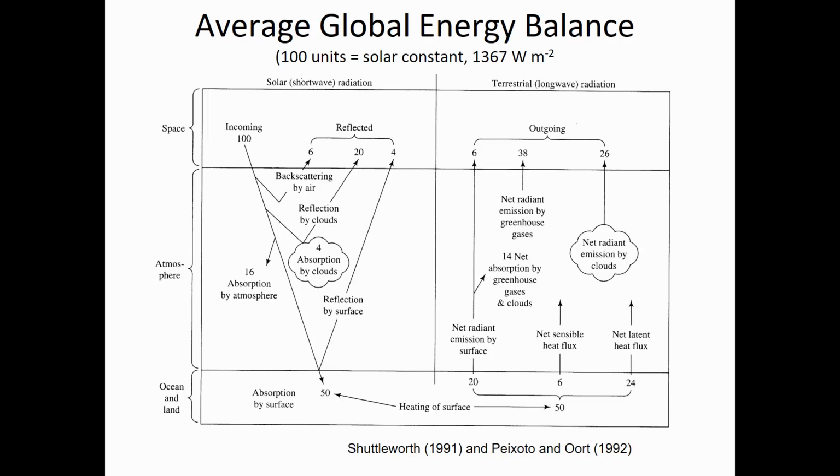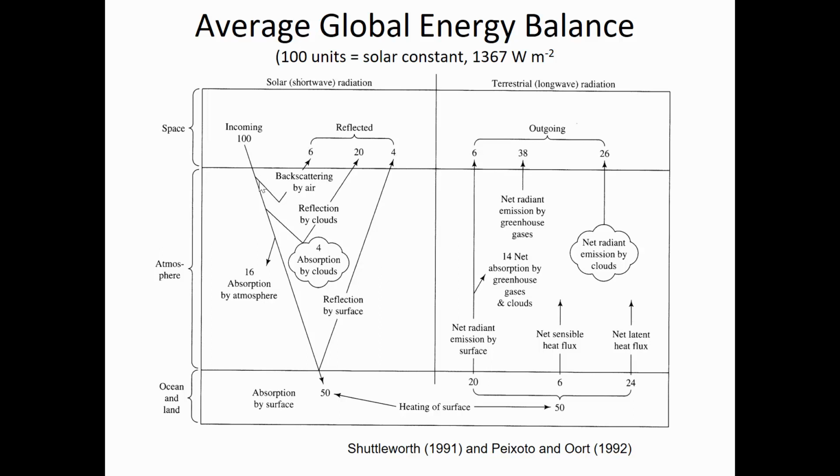But where the Earth is located, in the Earth's orbit around the sun, if we had 1 meter pointed straight at the sun, and if it was 100% efficient at converting the solar radiation into electricity, we could get 1367 watts per square meter. That's the solar constant. So let's just say on a percentage basis that that's 100% of the energy that's coming in from space. Well, a lot of that gets reflected.